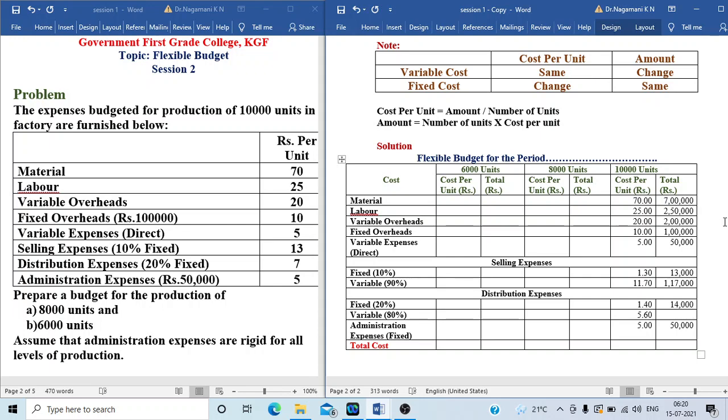Then variable 80% is there and cost per unit is 5.60 into 10,000, 56,000 will come. Okay. Now we can put the total cost per unit as well as total amount. Cost per unit total is 155 and total cost amount is 15,56,000.